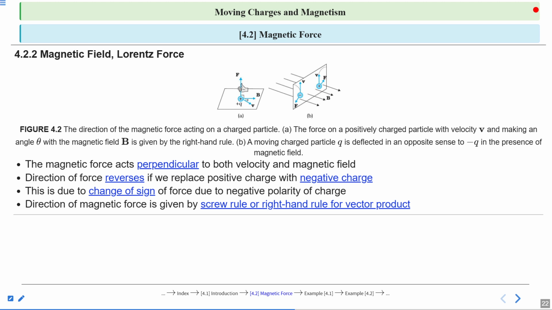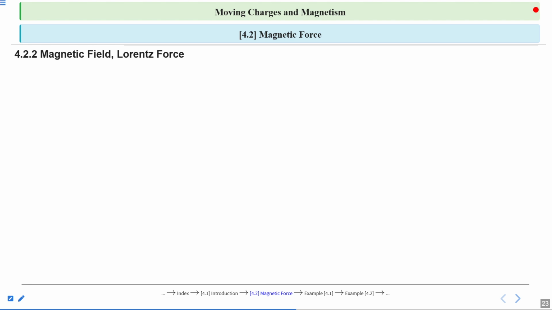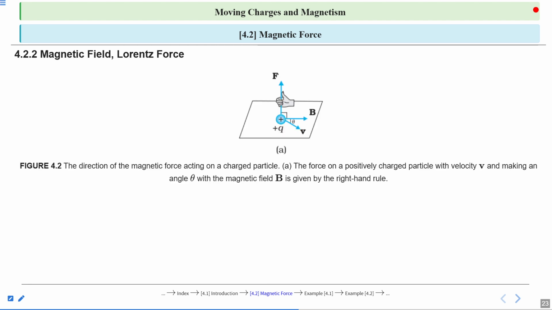We know that in a vector product the resultant v cross b will be perpendicular to both the constituent vectors. So v cross b will be perpendicular to both v and b. You can see the diagram.